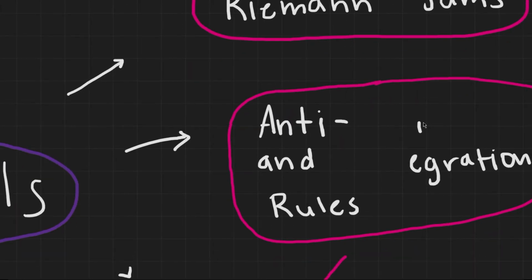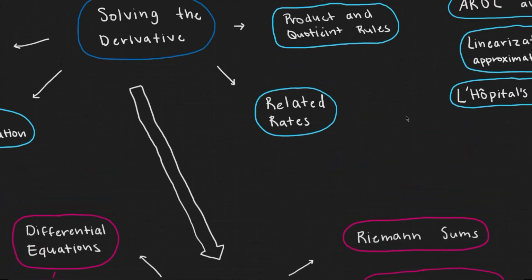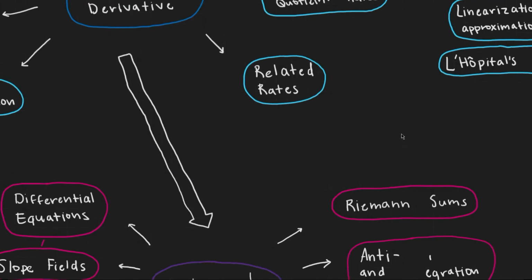And then this should say anti-differentiation and integration rules. I don't know what happened there, but basically you'll be learning the same thing that you learned up here with all the derivative rules, just reversed.